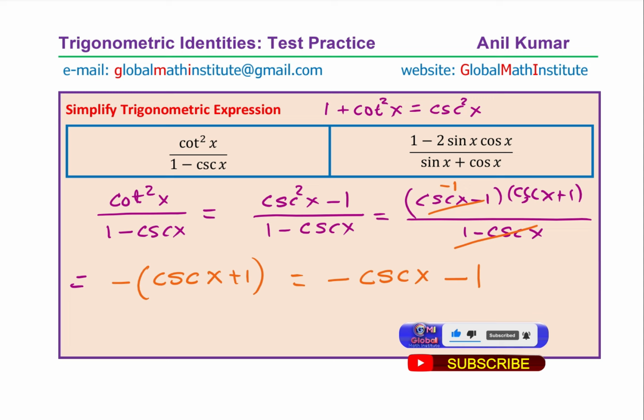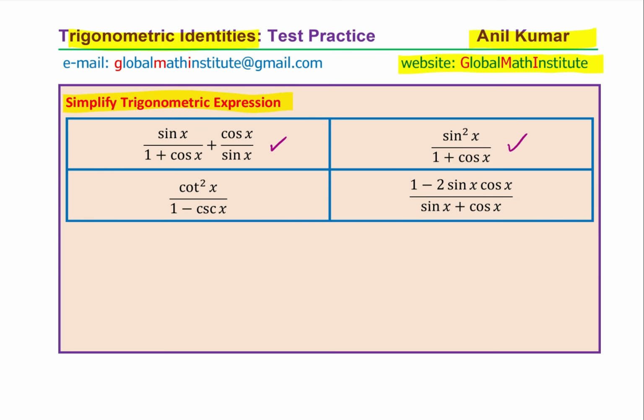Now let's do the fourth one, the last example, and see how we really simplify these. We have 1 minus 2 sin x cos x over sin x plus cos x.